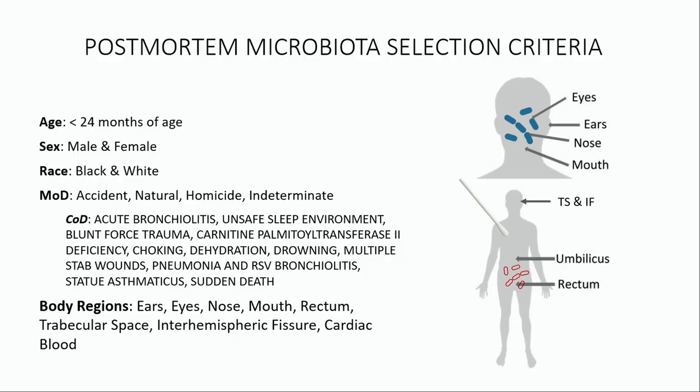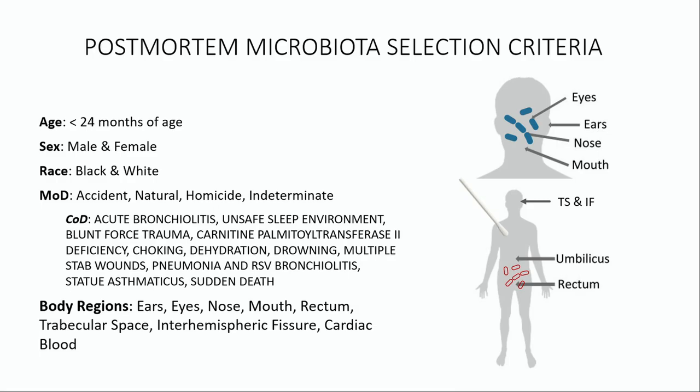So for this particular study, we have this preset criteria of specific areas on the body that we're interested in. And so the criteria for this particular case is that we looked at individuals who were around 2 years, so toddlers and below. Really, it was difficult to get individuals over the age of 6 months.